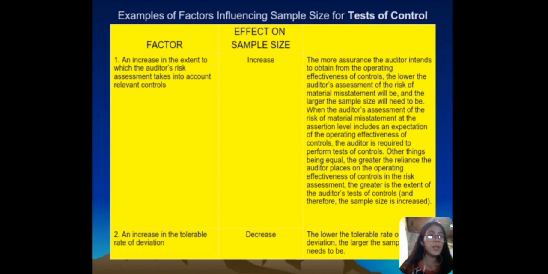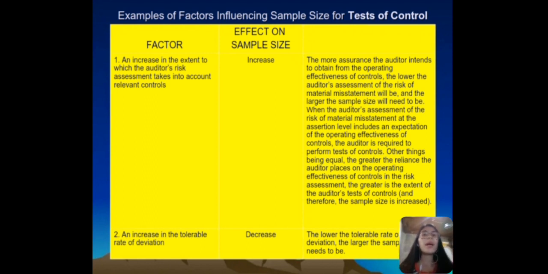When the auditor's assessment of the risk of material misstatement at the assertion level includes an expectation of the operating effectiveness of controls, the auditor is required to perform tests of controls. The greater the reliance on the effectiveness of controls in the risk assessment, the greater is the extent of the auditor's tests of controls, and therefore the sample size is increased.